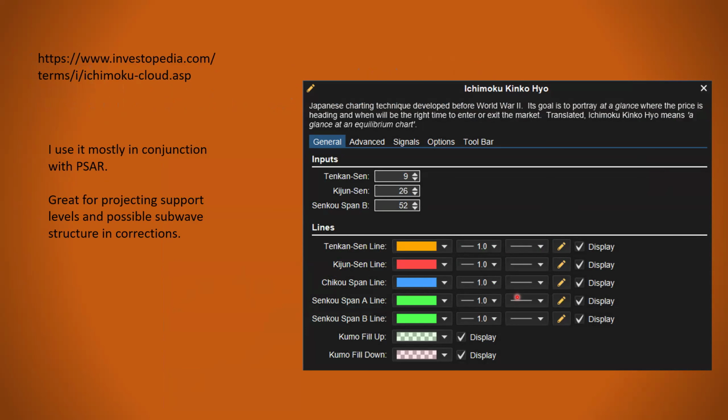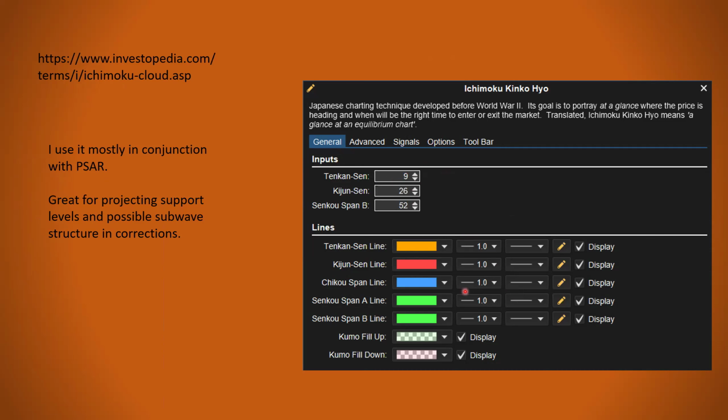One of the things that I like to do is use it to project different support levels for the subwaves, maybe inside a bigger corrective structure. A lot of times where that initial A wave might hold is going to be resting right around part of the forward advance line of the cloud, which I'll show you some examples of shortly.